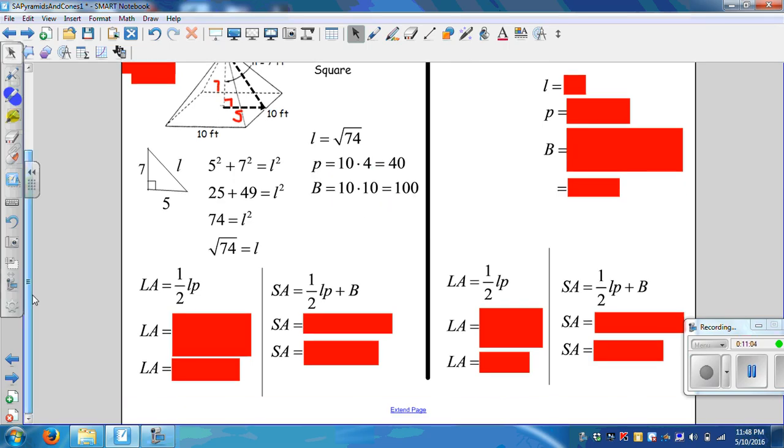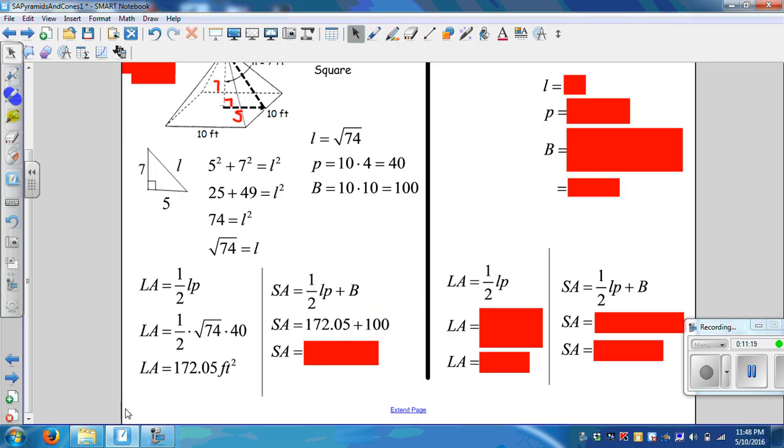So we have 1/2 LP. So we have 1/2 times the square root of 74 times 40. And I would go ahead and convert that over to a decimal. So we have 172.05 feet squared. Surface area, 172.05 from our lateral area plus the base of 100 gives us 272.06 feet squared.